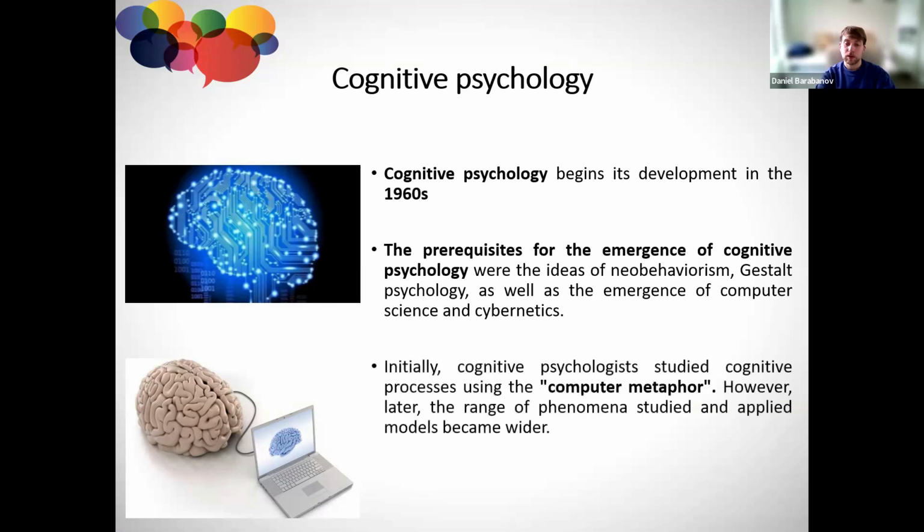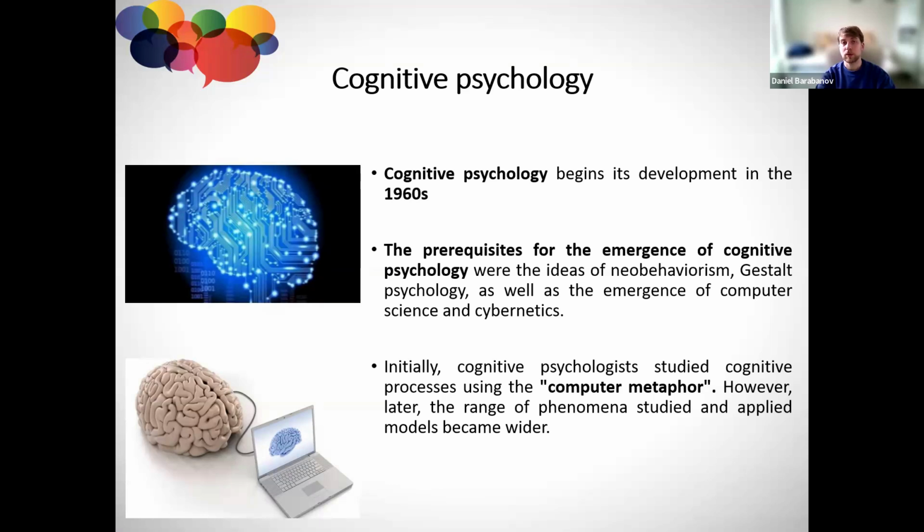Initially, cognitive psychologists studied cognitive processes using the so-called cognitive metaphor. Basically, they tried to compare the human brain with a computer. The brain also processes information, stores information, and uses it the same as a computer.